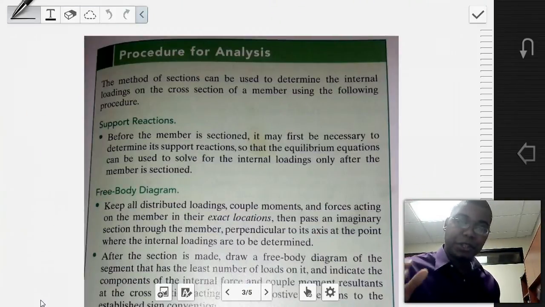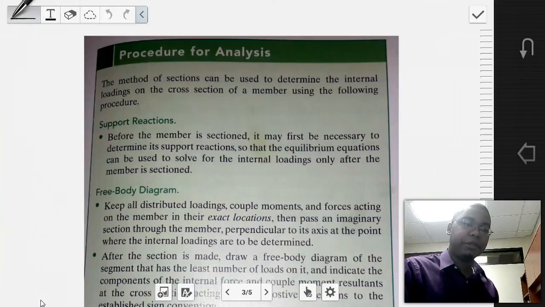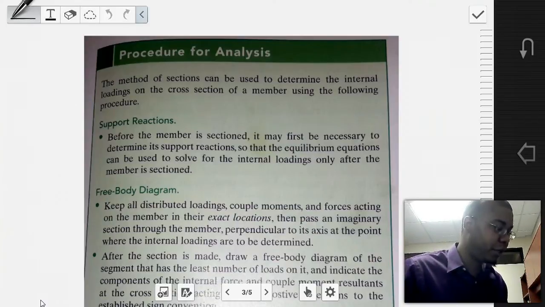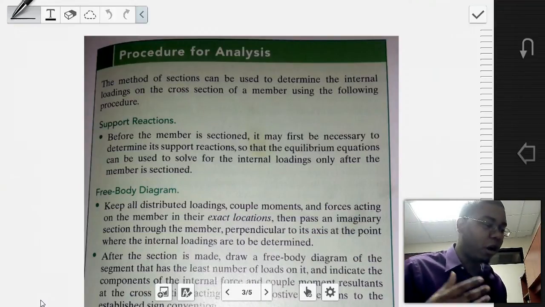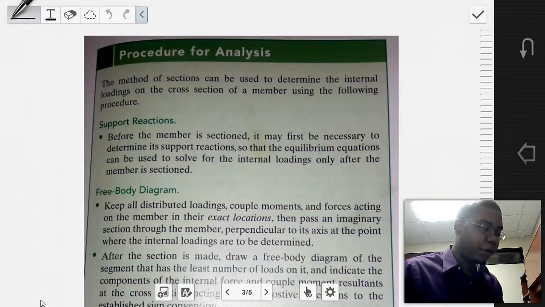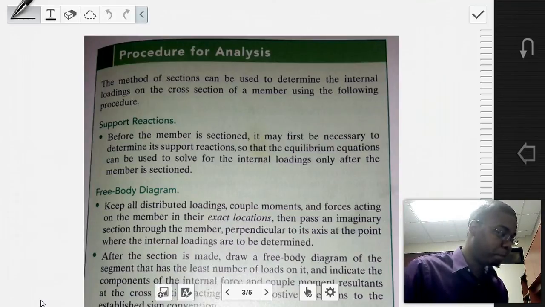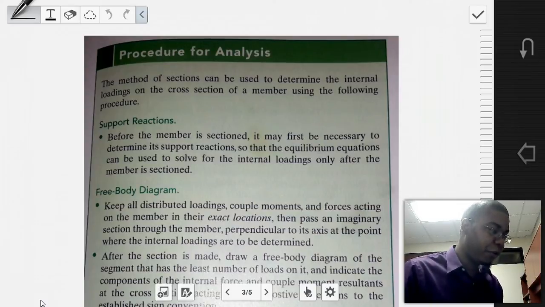So what is the procedure for actually determining these internal loads? The first thing that we want to do, of course, is identify our knowns and unknowns, draw our beautiful free body diagram, list all our known forces. The method of sections can be used to determine the internal loads on the cross section of a member, and we can use the following procedure.